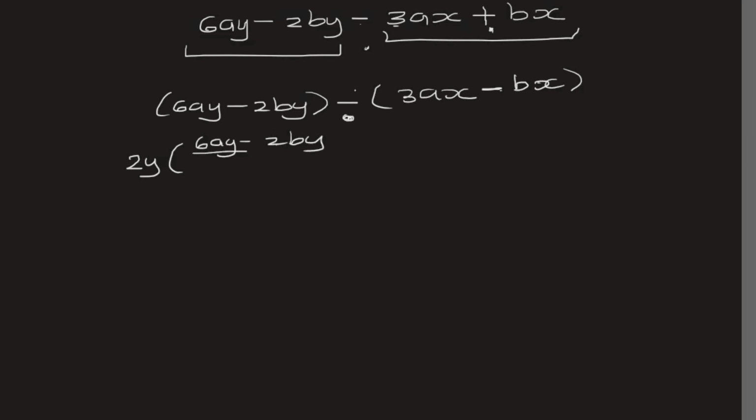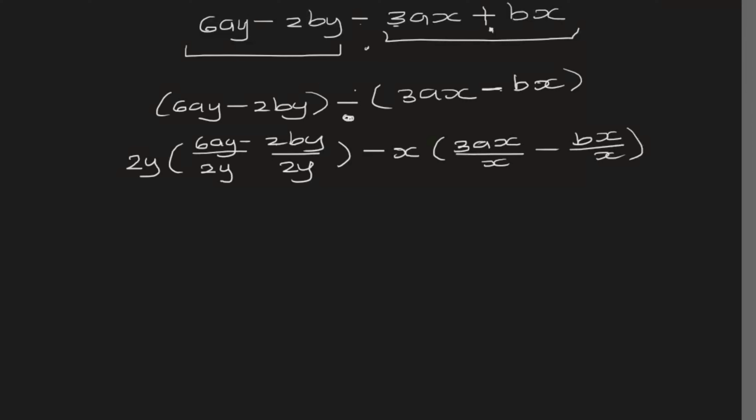And then we divide by our highest common factor, which is our 2y, minus the highest common factor between these two terms is x. And then what we're going to have, 3ax over x minus bx over x. And then we're going to have 2y outside.